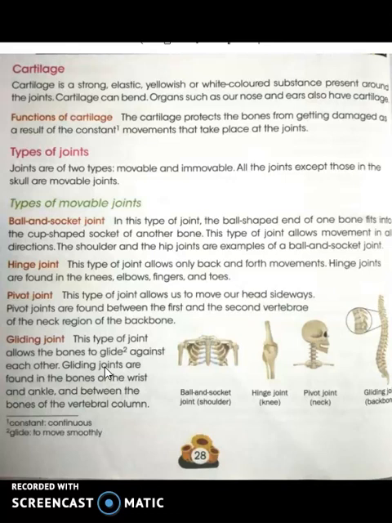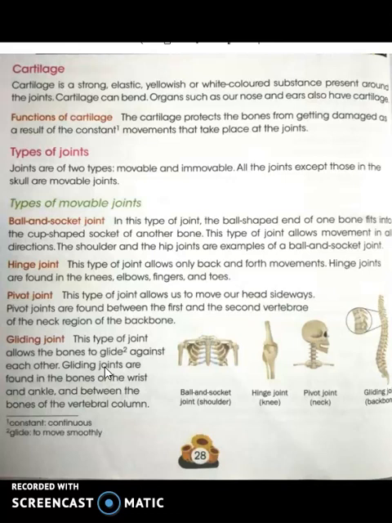Now, there are basically two types of joints: movable joints and immovable joints. Movable joints are the ones which can be moved in different directions, while immovable joints are fixed at one place and cannot be moved in different directions.